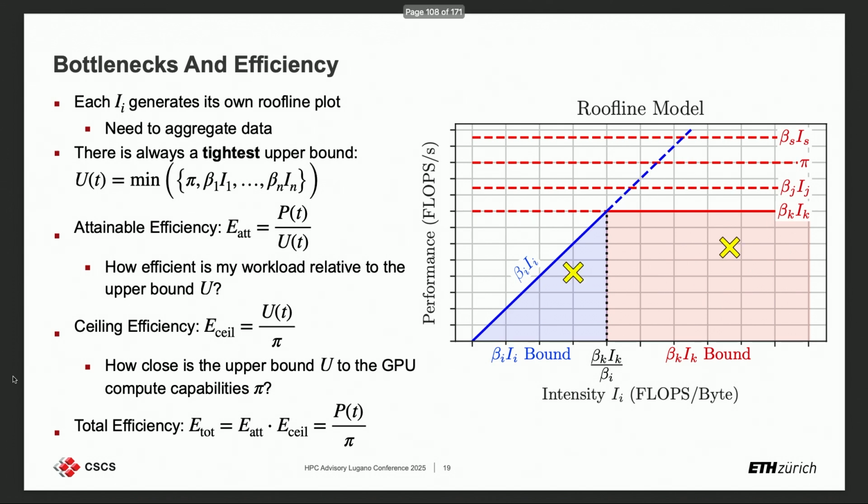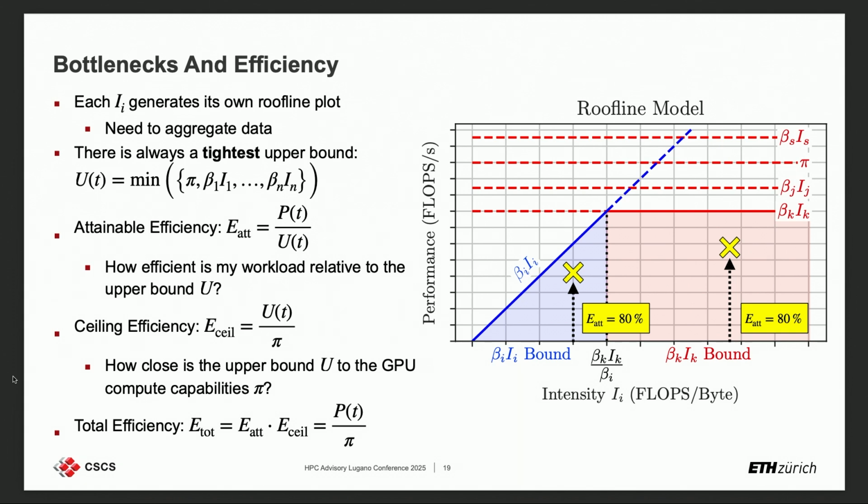If we look at the graph for a moment, I want you to imagine these two points. You run your workload and you obtain these two points on the graph. The attainable efficiency is essentially the distance that you got up to before hitting the line. For example, for the left point, in the blue region, the tightest upper bound is the blue line directly above it.